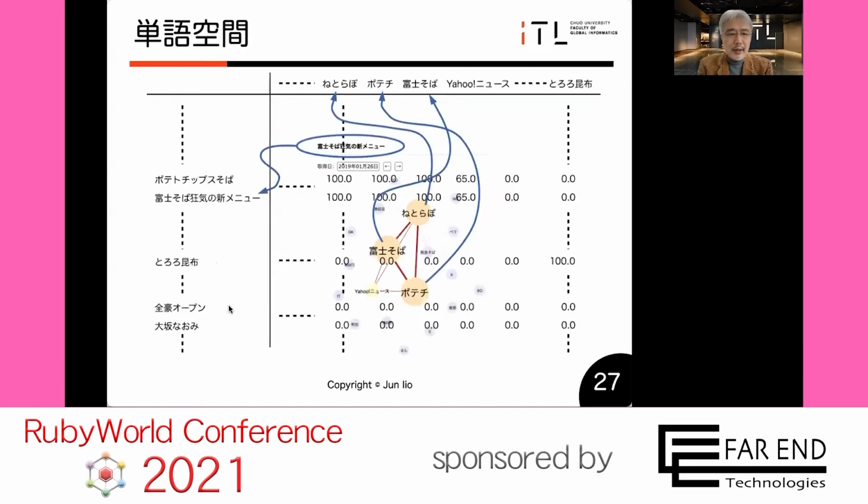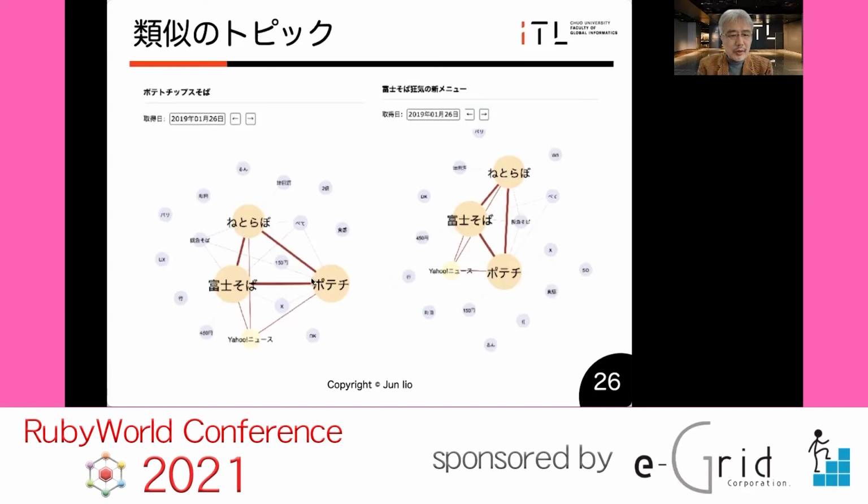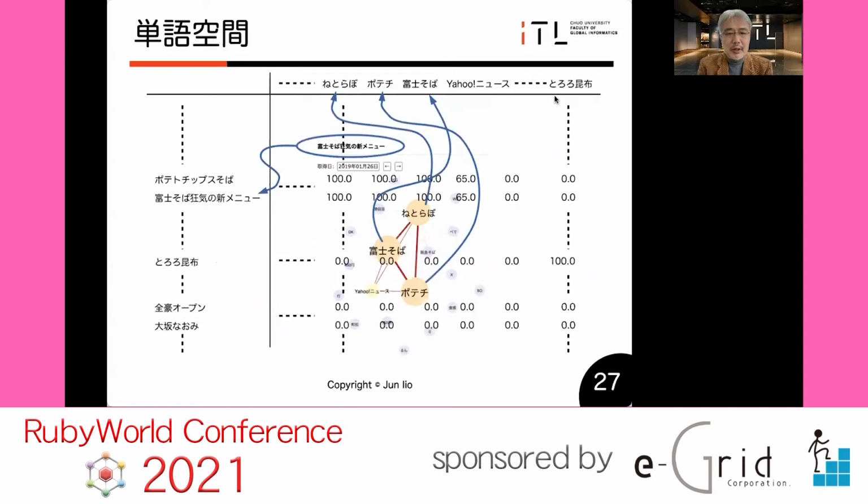So from a topology point of view, they are very similar. If you put them into the word space, they also show very similar numerical vectors. In the word space, the horizontal axis has Netlab, Potechi, and Fujisoba, all keywords, so 3,000 or 4,000 or so.